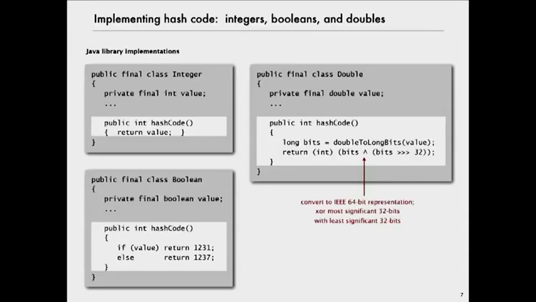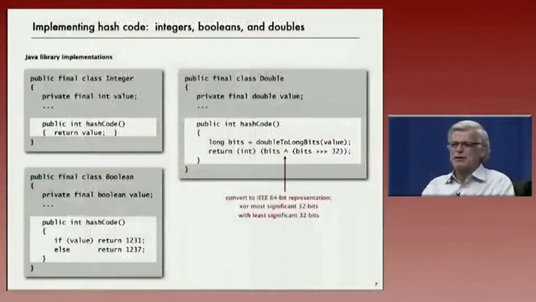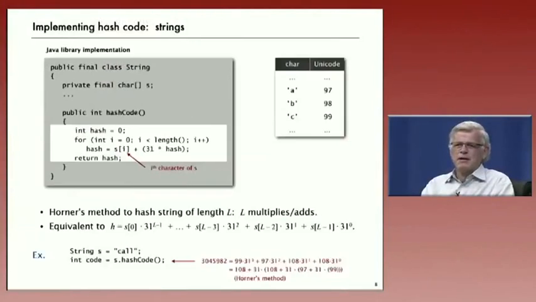They convert to 64 bits and XOR the most significant 32 bits with the least significant 32 bits. Now this illustrates something that you want to do if you have a lot of bits: you want to try to involve all the bits somehow in the hash function. And for strings, it treats the string as a huge number and computes the value of that number, mod 2^32.